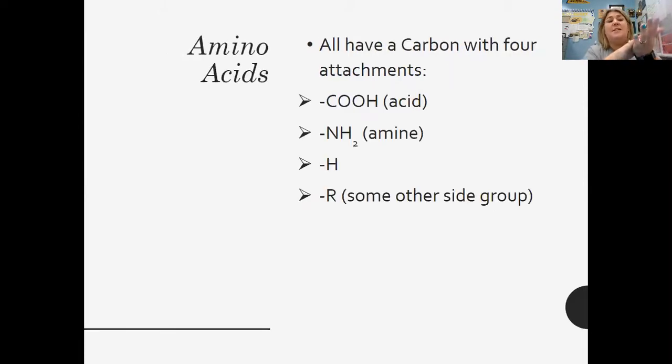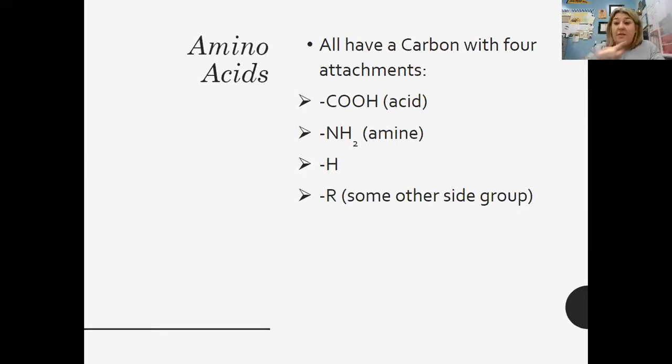So an amino acid is a building block. It's kind of like a nucleotide for nucleic acids. Amino acid is the building block for proteins. And so you have that central carbon, like we know that all of our organic molecules have. And then attached around the carbon, you're going to find a carboxyl group, the COOH.